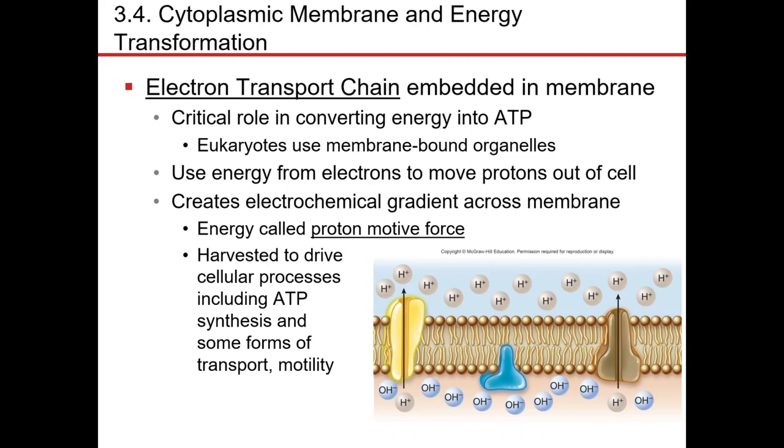Their functions are very similar, and that's how they produce ATP. One process bacterial cells use to produce ATP is the proton motive force.